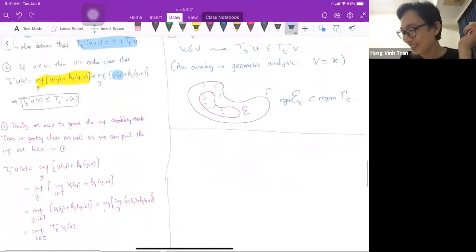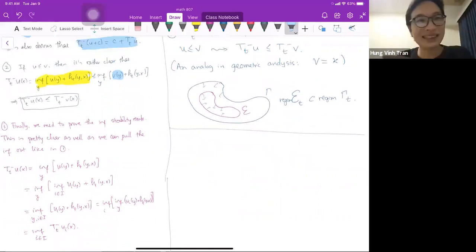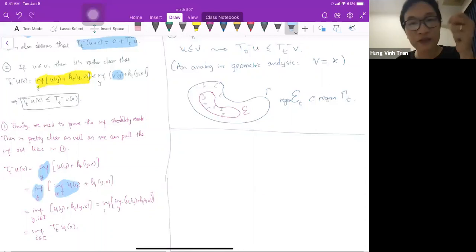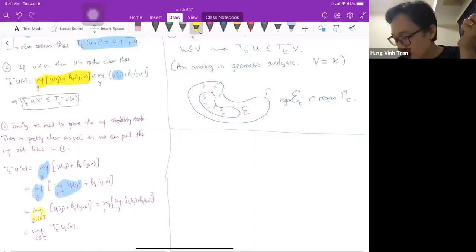And finally, let's prove the stability. It's going along exactly the same line. I'm writing down the first infimum here over y. That infimum over y is being kept, and u(y) is being replaced by the infimum over a family of u_i for i in I. And I pull the infimum out.